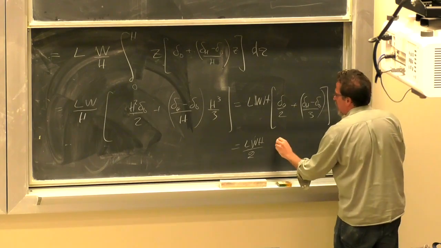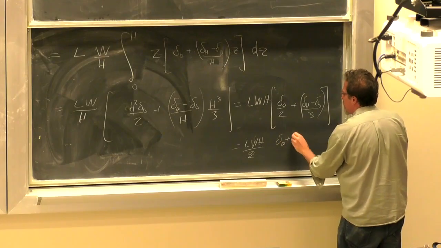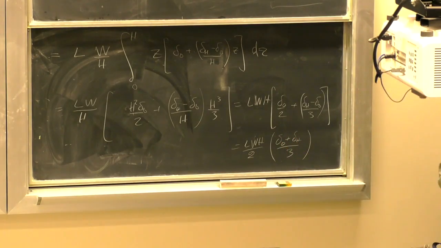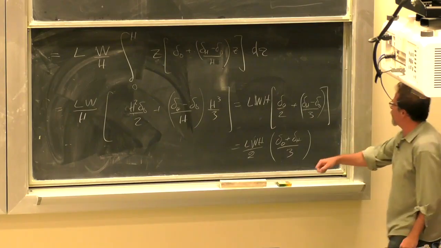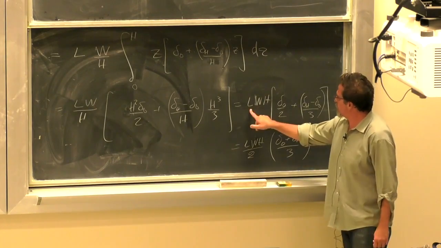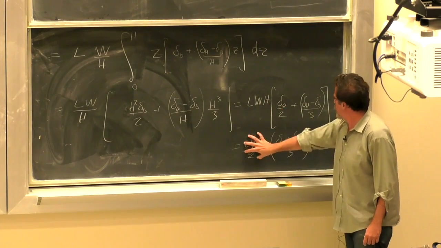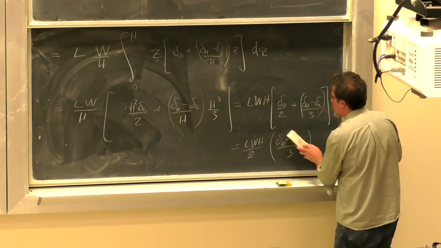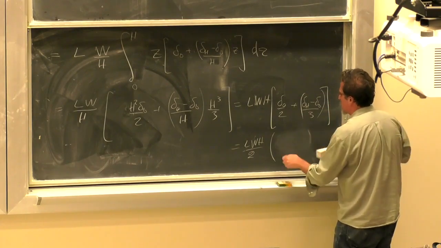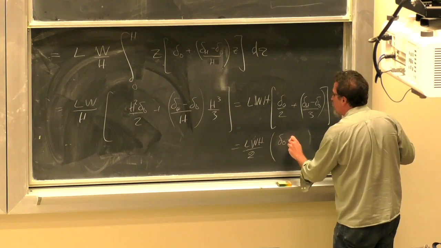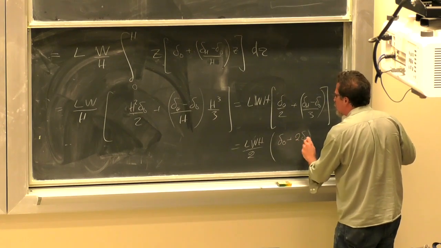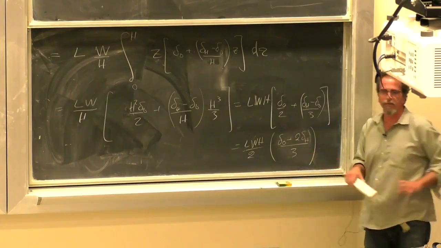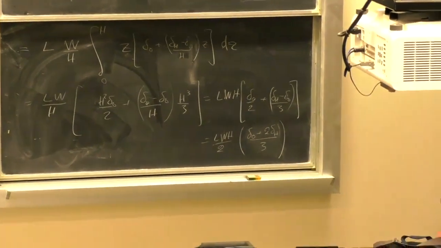And so this should be delta 0 plus delta H over 3. I think that's what I got. So I factored out this 2, LWH over 2. That means I've got a 2/3 over here. Oopsie. Sorry. Delta 0 plus 2 delta H over 3. I forgot that too. Okay? You guys okay with that?